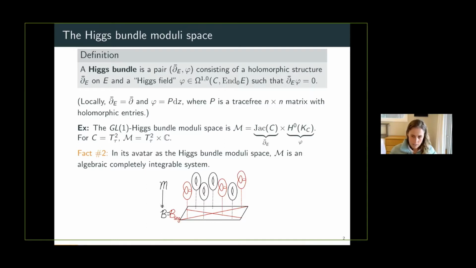So what you can see is that this picture is a bit of a lie, because the red stuff should be complex codimension 1 in the base. So real codimension 2. But I drew it this way because, for a complex one-dimensional base, the singular locus would be some discrete set of points.